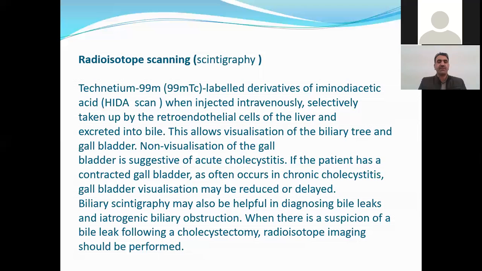This allows visualization of the biliary tree and gallbladder. Non-visualization of the gallbladder is suggestive of obstruction of the gallbladder, especially in acute cholecystitis.